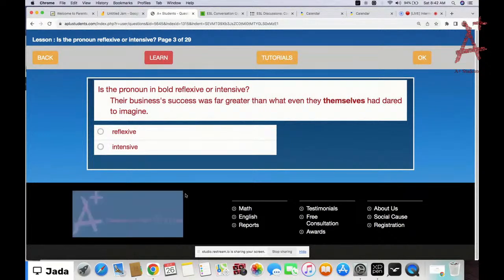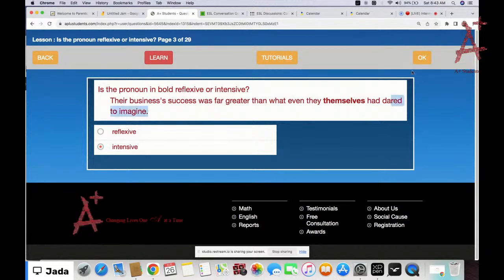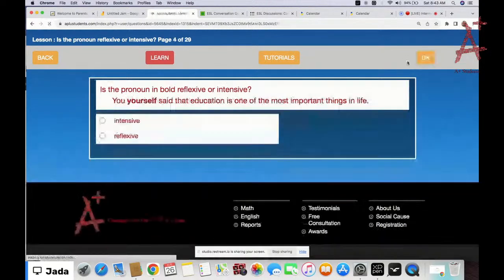So if we say reflexive, what can we switch up with reflexive that will make sense? They, ourselves, no. They, us, no. They, we, no. So this is intensive because even if you use an object pronoun, you cannot figure out something else.